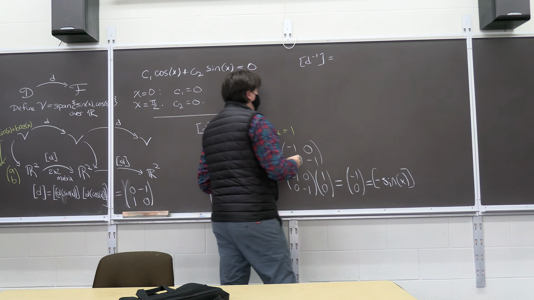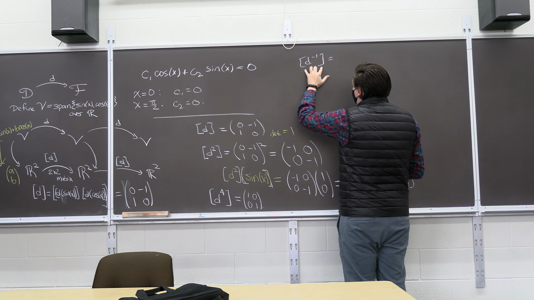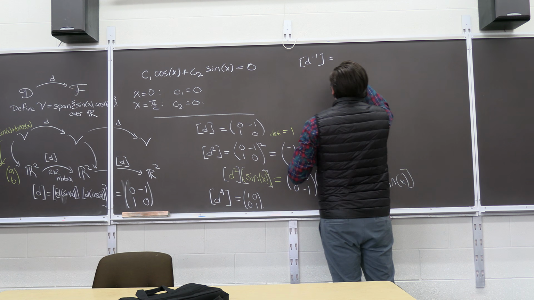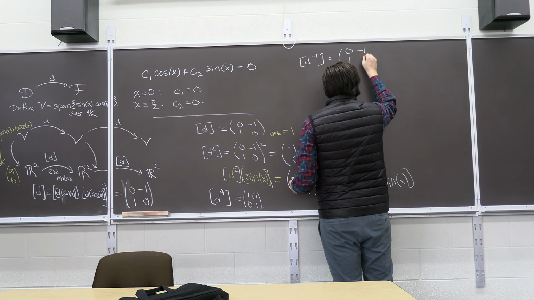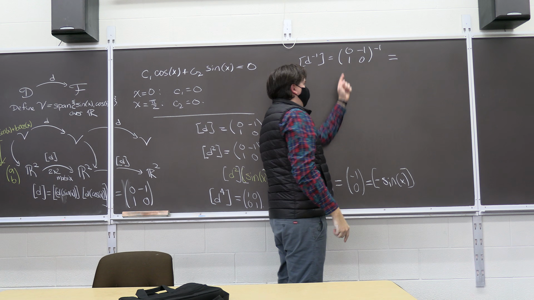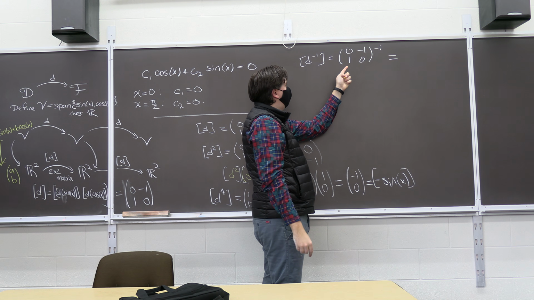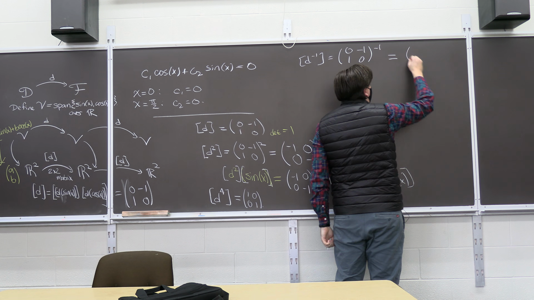So we can invert this. Last time we said that the matrix corresponding to the inverse of the linear transformation is just the inverse of the matrix, and one is invertible exactly when the other is invertible. I always forget how to do this, you help me out. I think what I do is I do 1 over the determinant, which is 1.